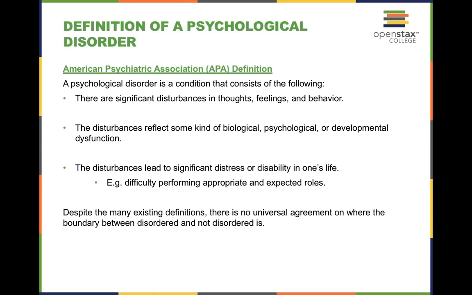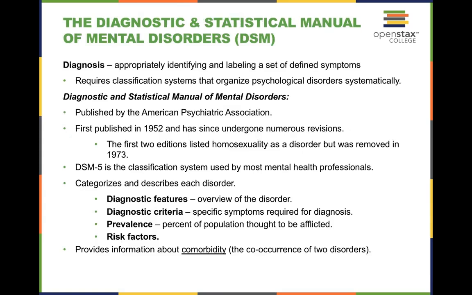And thirdly, the disturbances lead to significant distress or disability in one's life, aka they have difficulty performing appropriate and expected roles. Again, to put this into simpler context, whenever an individual experiences a psychological disorder, there have to be disturbances to their feelings and behavior, and the distress that they're experiencing is causing harm to their ability to operate socially, occupationally, and in other areas of functioning.